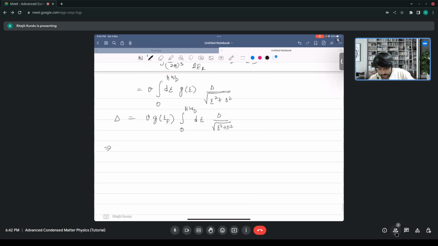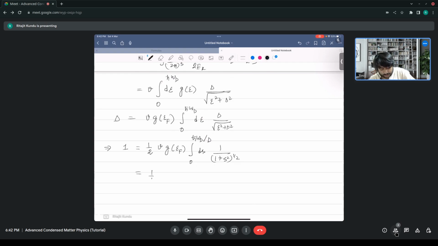Then you will be left with 1 equals half V times the density of states at the Fermi energy, times the integration over 0 to h bar omega_D by delta of 1 over (1 plus s square) to the power half. I have also redefined my d epsilon by dividing with delta, so now the integration becomes dimensionless.